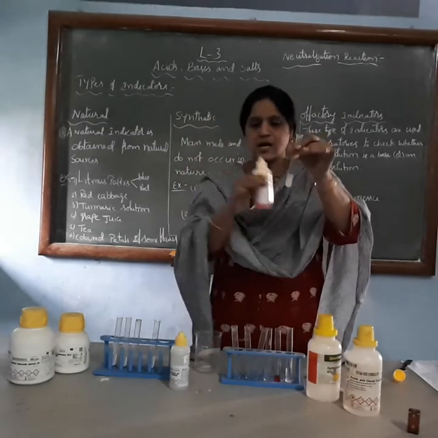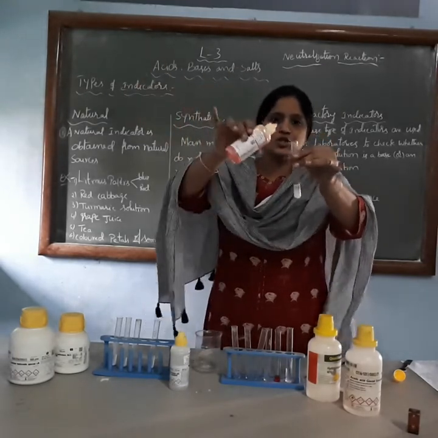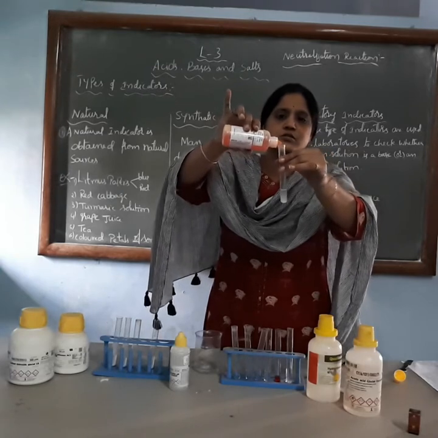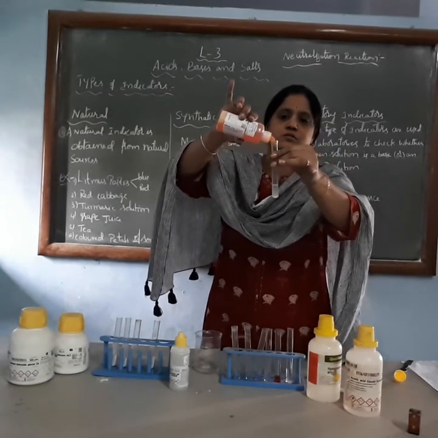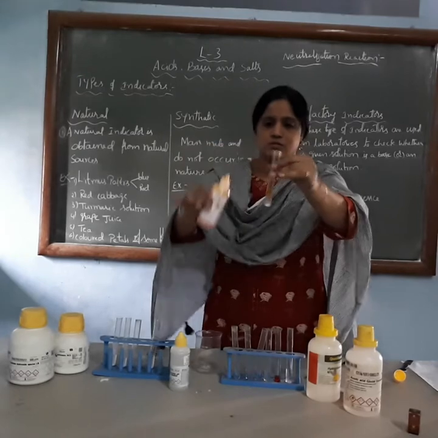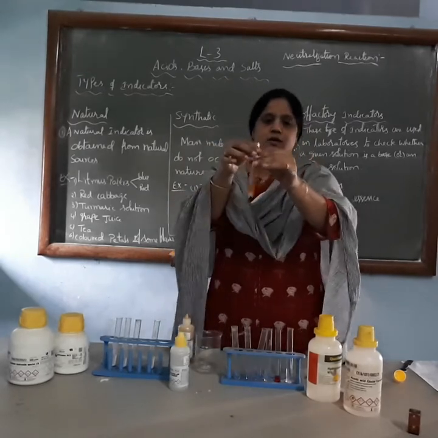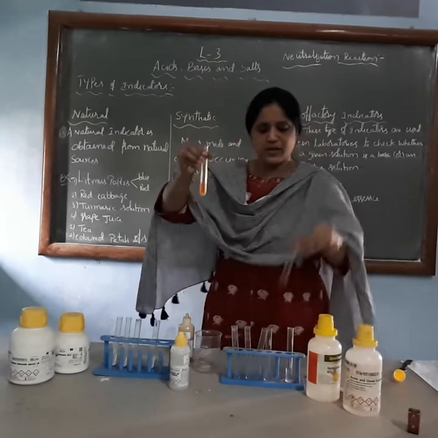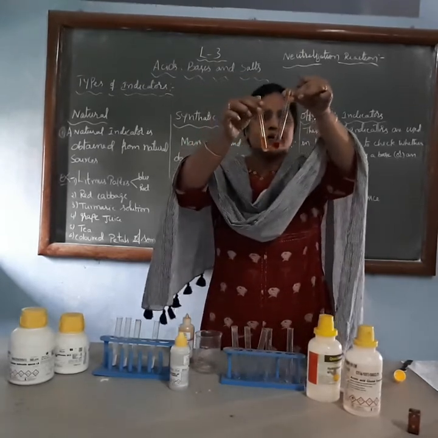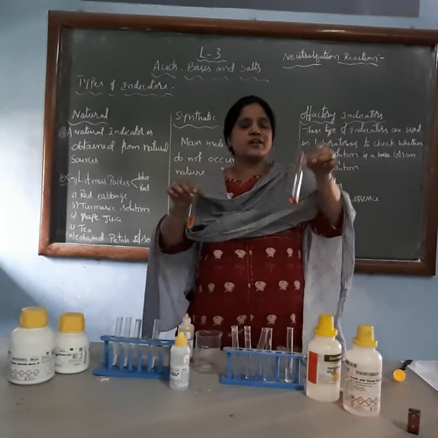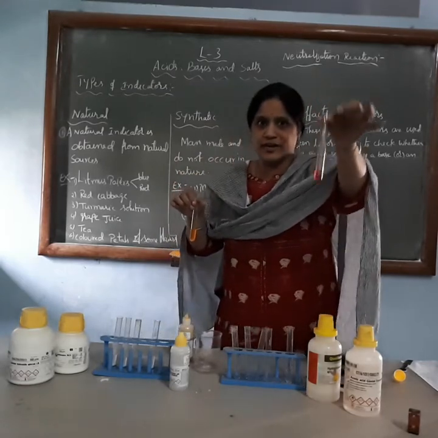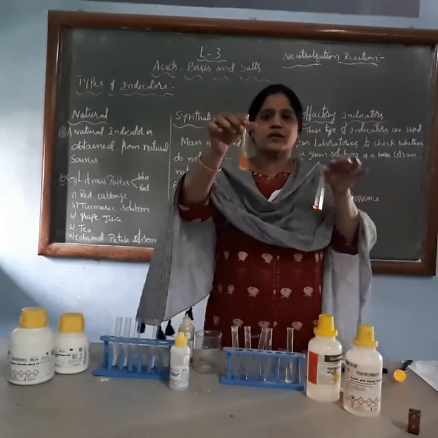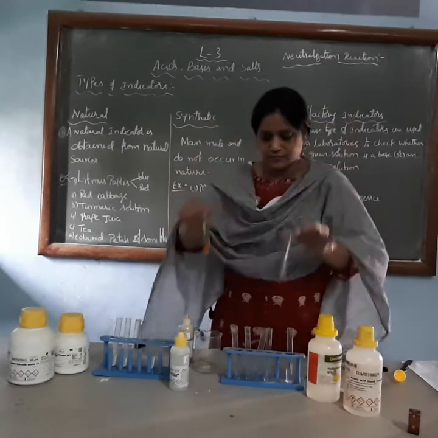This is a base, and to this base I am adding one drop of methyl orange. See, in basic medium it gives yellow color, and in acidic medium it gives red color. So methyl orange gives red color in acidic medium and yellow color in basic medium.